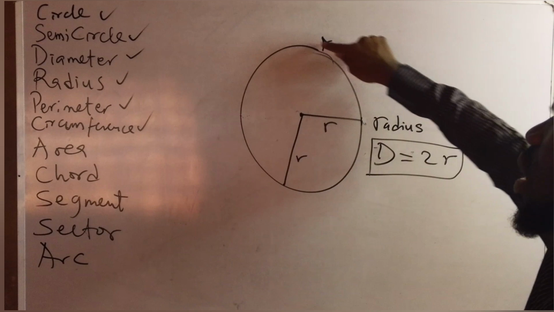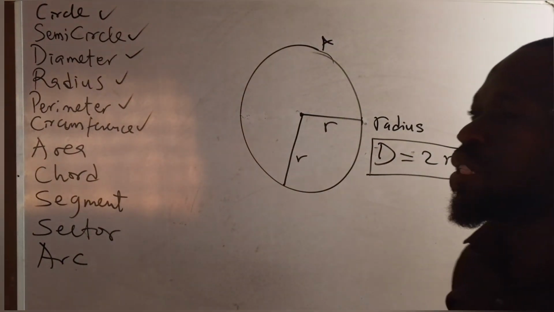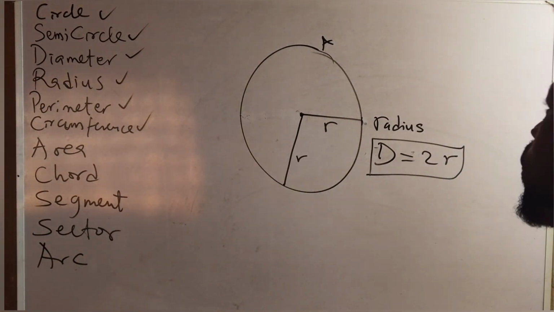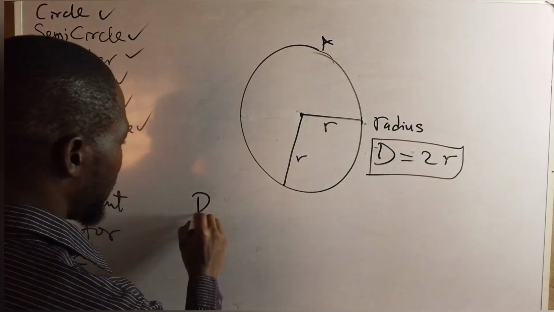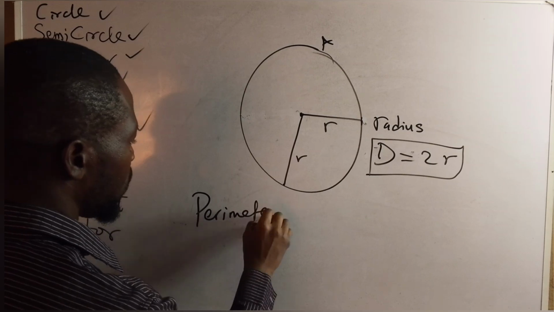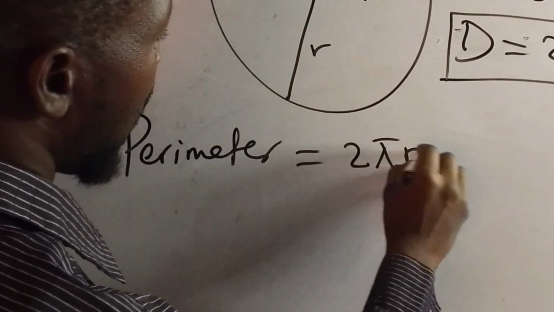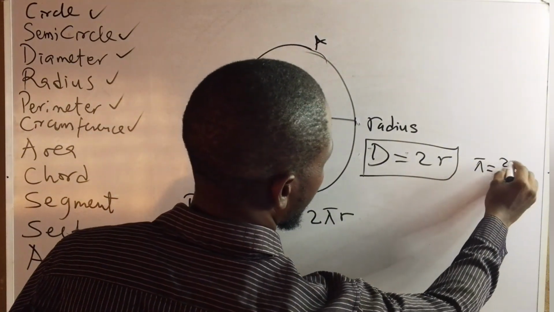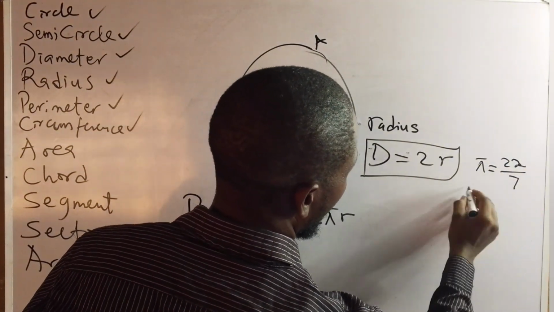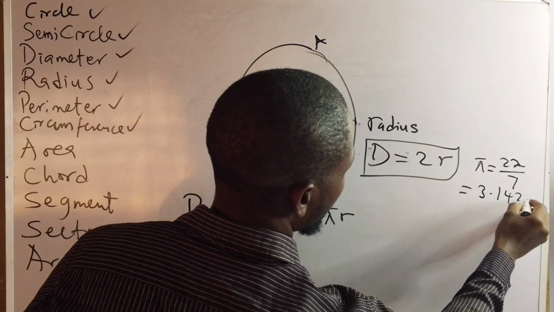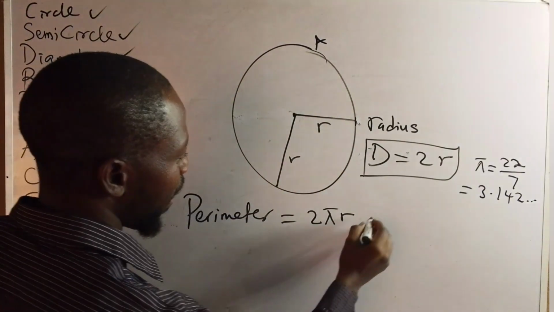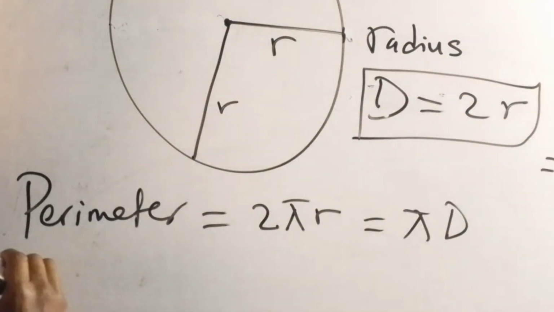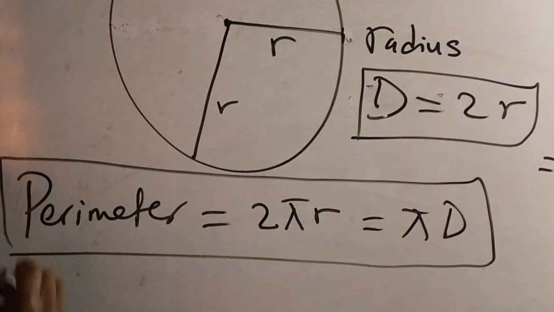The formula for perimeter of the circle is 2 pi r, where pi is 22/7 or you use 3.142. So 2 pi r, which is the same thing as pi d, because 2r is d.